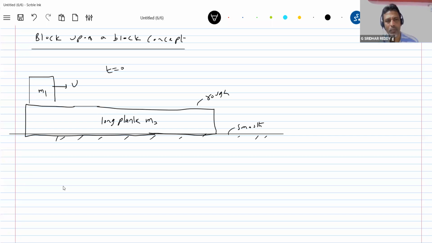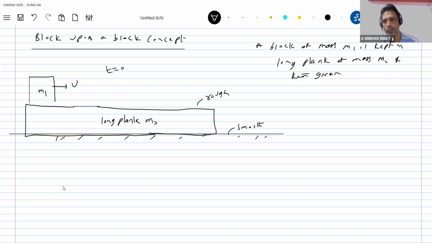A block of mass m1 is kept on a long plank of mass m2, and then given a velocity u at t equals 0 as shown.